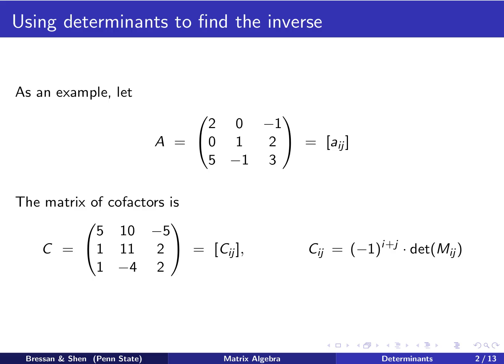So for example, the first one, C11, would be -1 to the power 2, which is 1, and then the determinant of M11, where M11 is formed by removing the first row and the first column. So you will have this 2 by 2 matrix, and the determinant would be 3 minus -2, so it's 5. So this is 5 and this is 1, so C11 would be 5. And each of these is computed following this same formula.